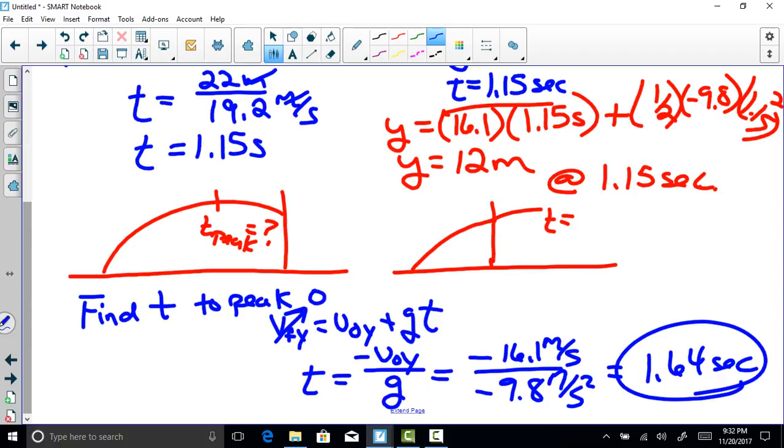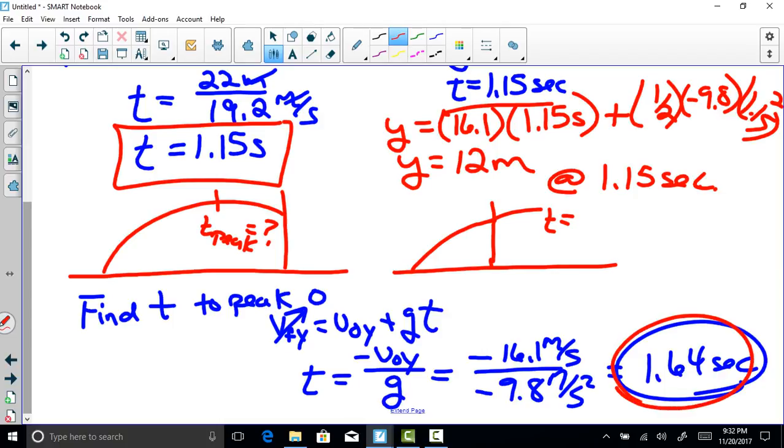So the time to the wall is 1.15 seconds. The time to the peak is 1.64 seconds. It takes 1.64 seconds to reach the peak, but my wall is right here, at a time of 1.15 seconds. So the ball has not passed the peak.